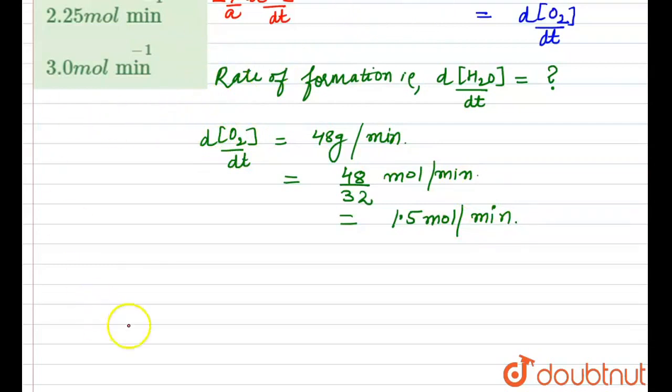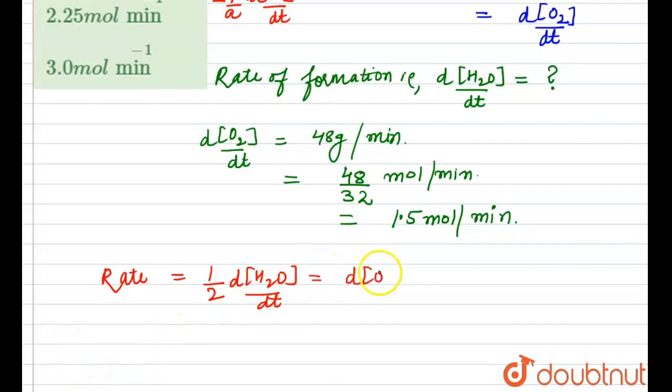So from the rate reaction we can write the rate as 1 divided by 2 d of H2O by dt, and it is equal to the rate of oxygen. The rate of oxygen is 1.5 mole per minute.